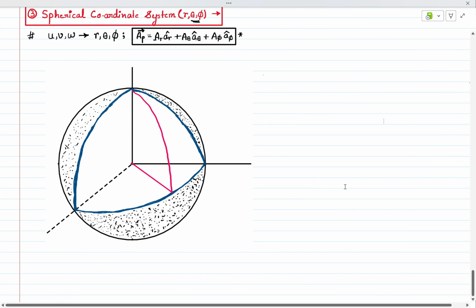Okay. This is the spherical coordinate system. Don't worry, I will make you understand each and every point.